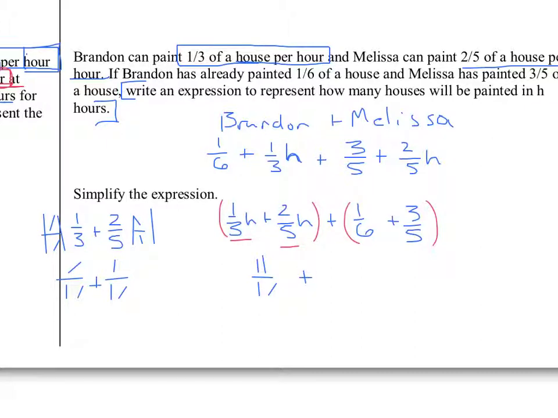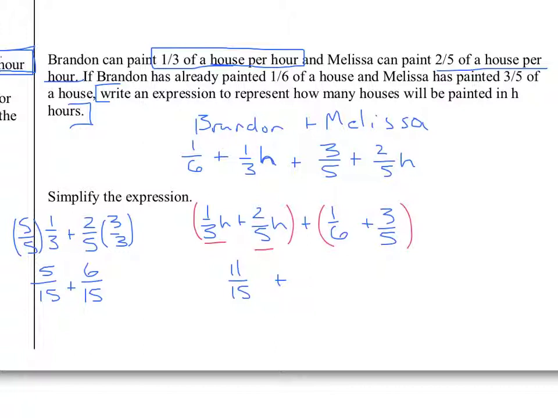And when I add my fractions over here, 1/6 plus 3/5. Again, I'm going to need to get common denominators. Oops, 6/6. And I'm going to get 5/30 plus 18/30. And I'm going to get 23/30.